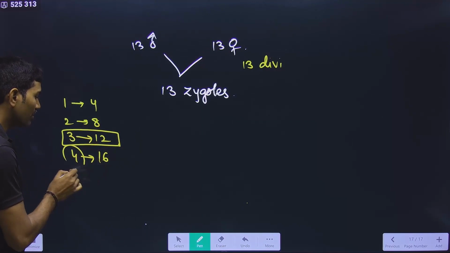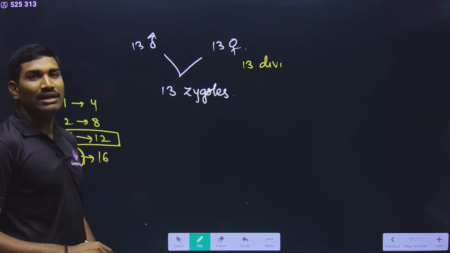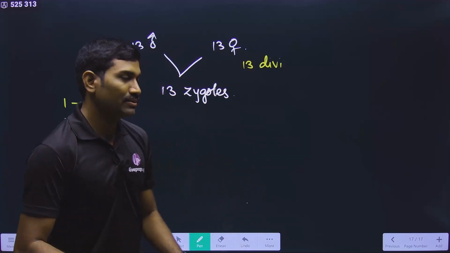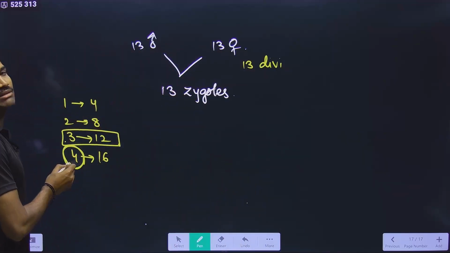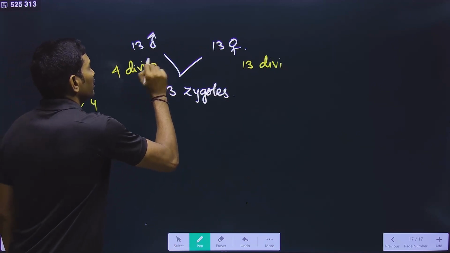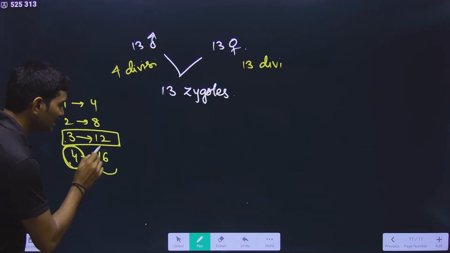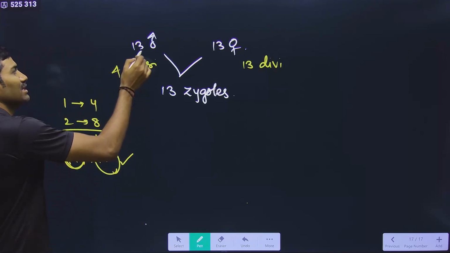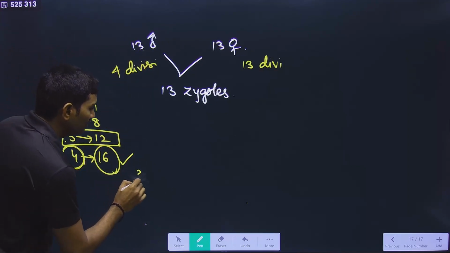So you need to go for the complete 4. There is not like 3.1, 3.2 like this. You should not write that. You need to go for the next complete one. So here 4 divisions. Because of 4 divisions, what happens? 16 are produced. Even though 16 are produced, you want how many? 13 only.